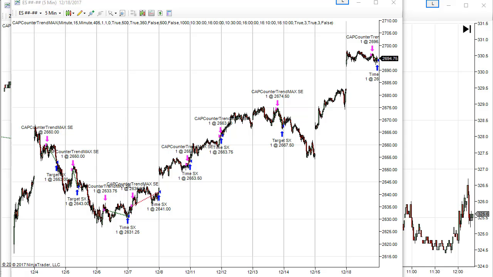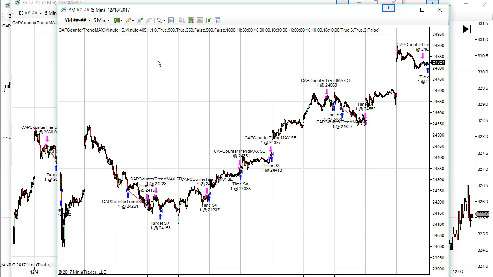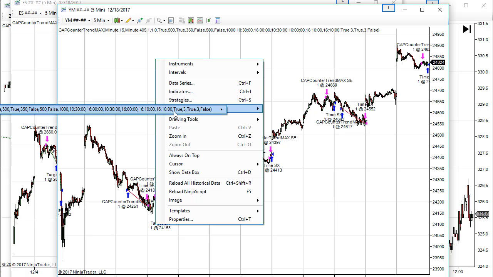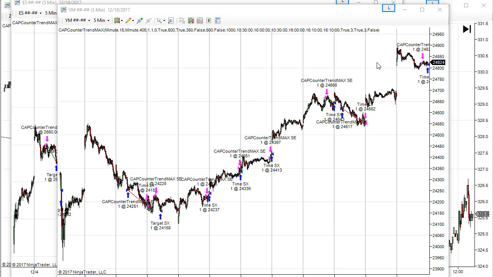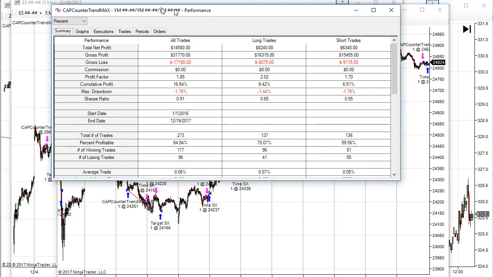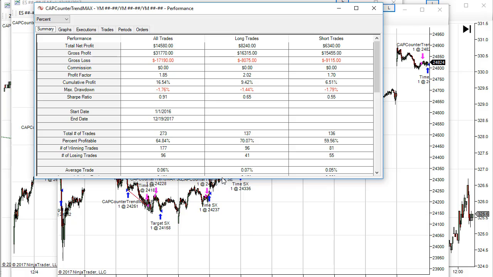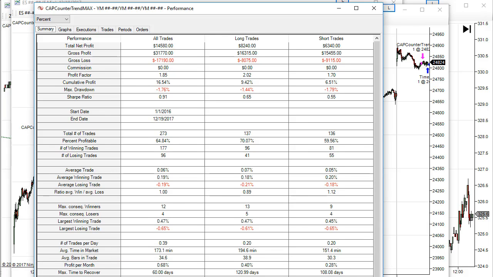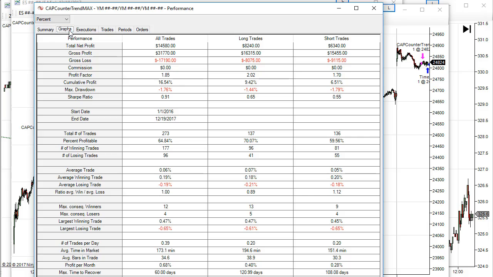Let's take a look next at counter trend max E-mini Dow, and same parameters for E-mini Dow, and this is going back to 2016. Long and short trades. Here's the graph.